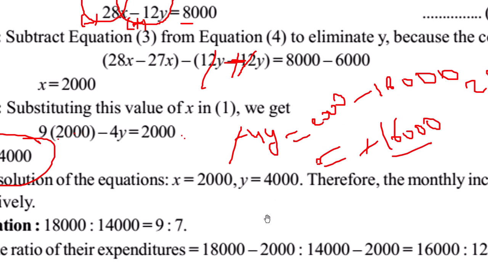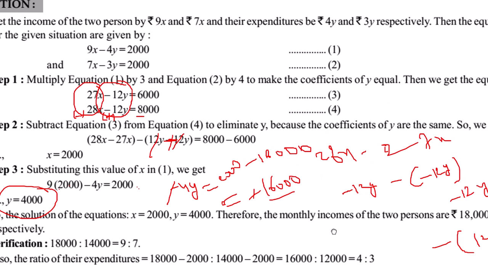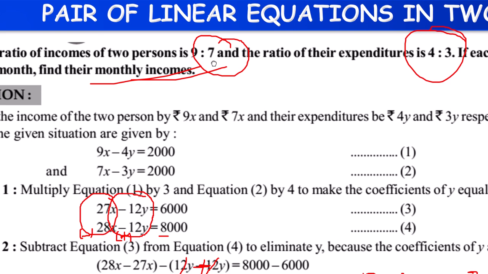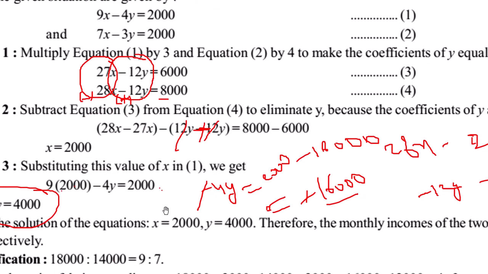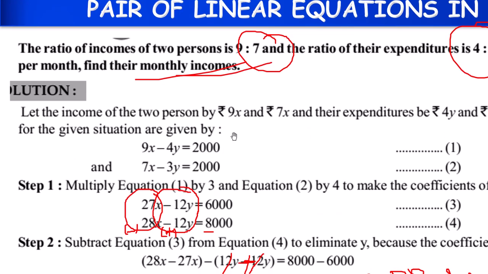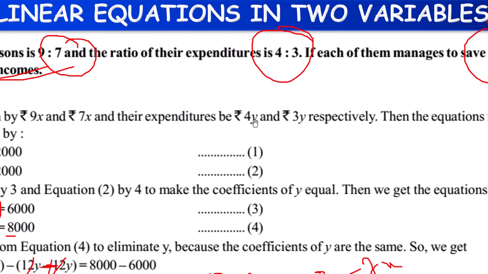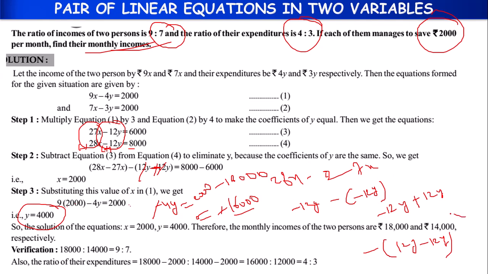Therefore, what are the monthly incomes of the two persons? 9:7 means 9x. What is the x value? 2,000. So 9 into 2,000 is 18,000, and 7 into 2,000 is 14,000. And the y value is 4,000. 4:3: 4 into 4,000 is 16,000, 3 into 4,000 is 12,000. So incomes are 18,000 and 14,000, and expenditures are 16,000 and 12,000.